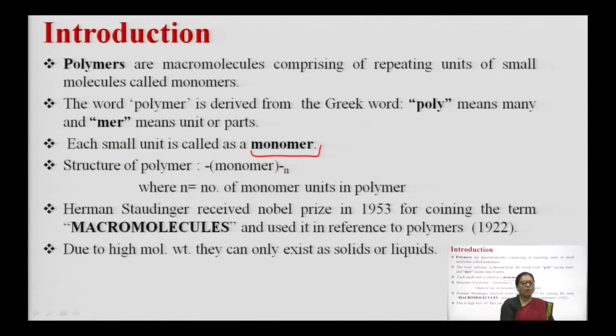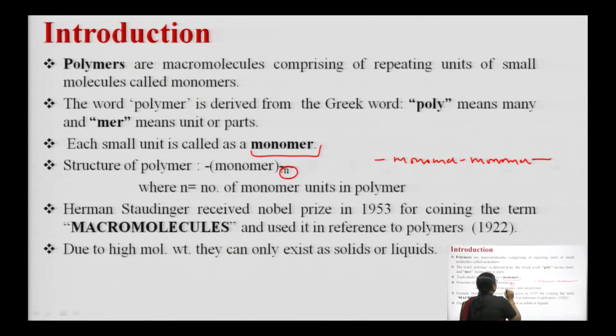The structure or formula of the polymer can be written as monomer with a subscript n, such that several monomer units link up to form a polymer like this. So, n tells the number of monomer units joining to form a polymer chain.